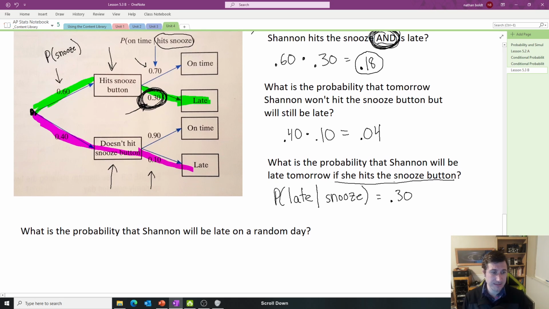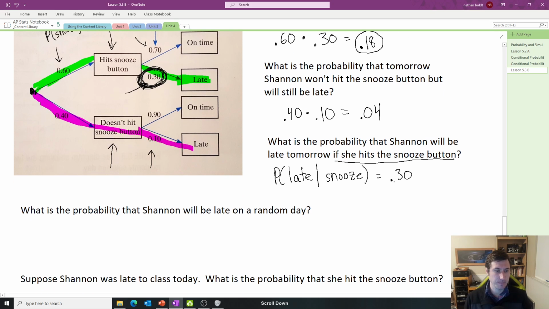All right, but let's take it up a notch. What is the probability that Shannon will be late on a random day? Ooh, well now I don't care how she's late. I don't care if she hits the snooze button or doesn't. I just want to know the probability that Shannon will be late, no matter what way that happened.